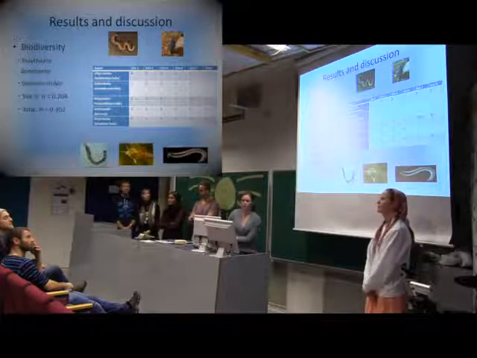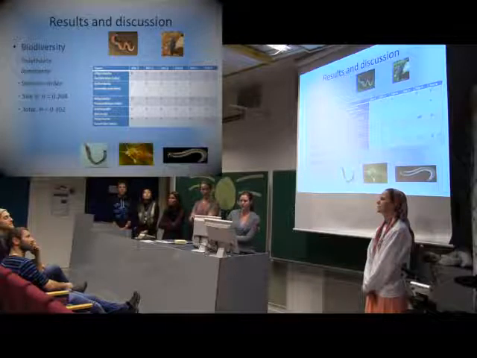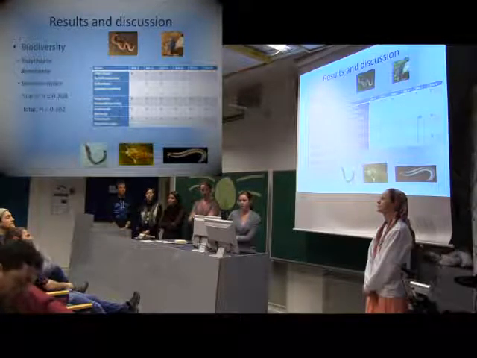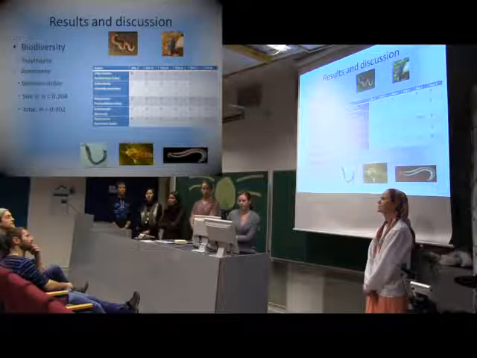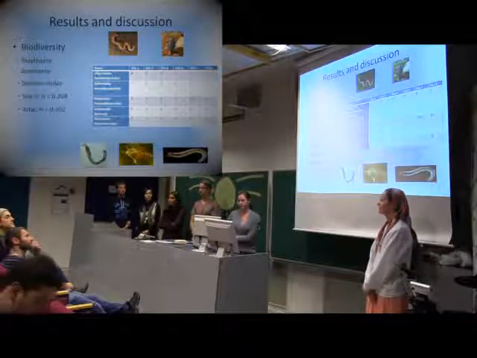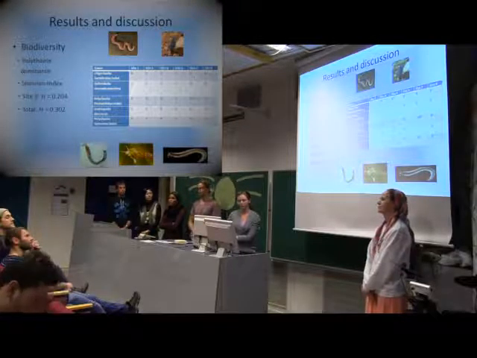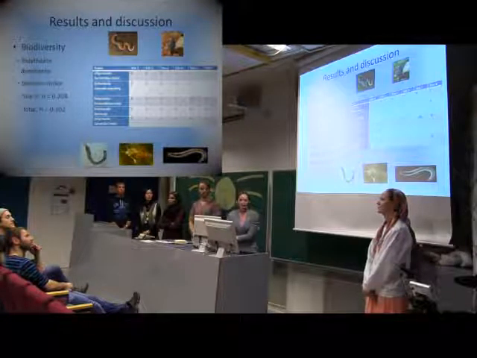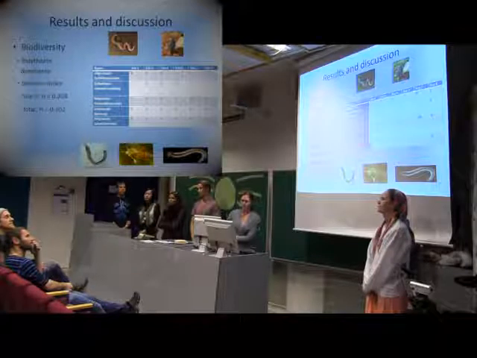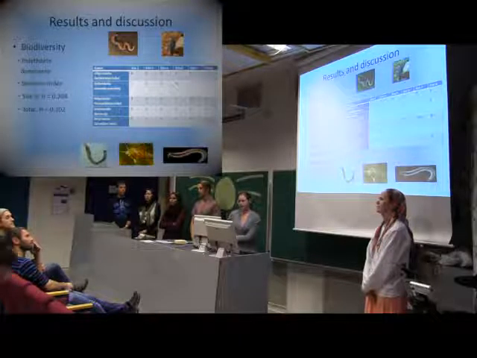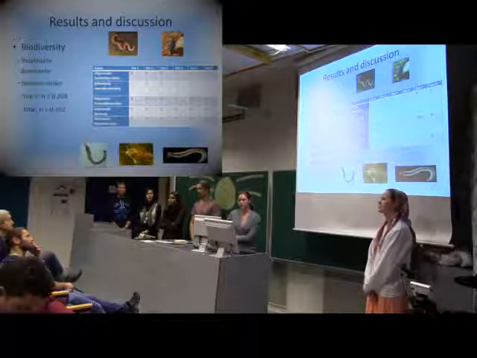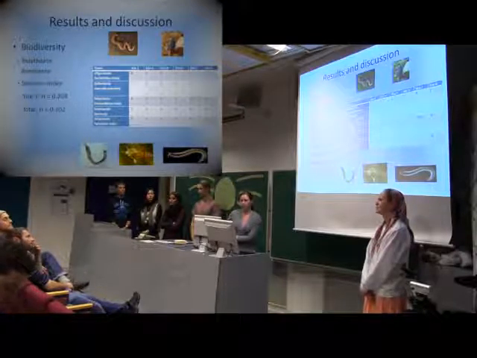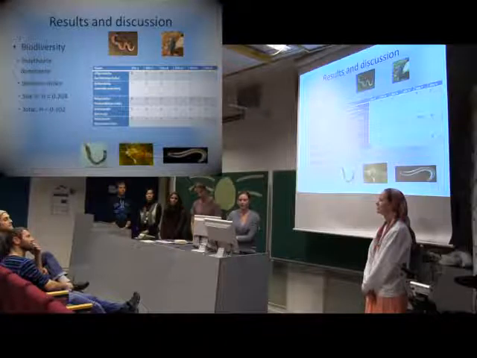And then we compared site 3 and site 7 with the TCB results to see if there was any correlation. The TCB result at site 3 was very high, but at site 7 it was very low, so there wasn't any correlation there. And then we also looked at the phosphate results, which were also low, limiting the primary production, and this could also be a factor in the low biodiversity found at Kyrkjetangen.